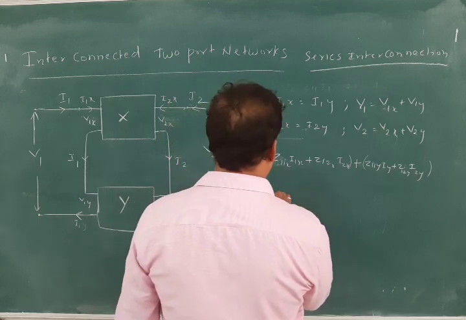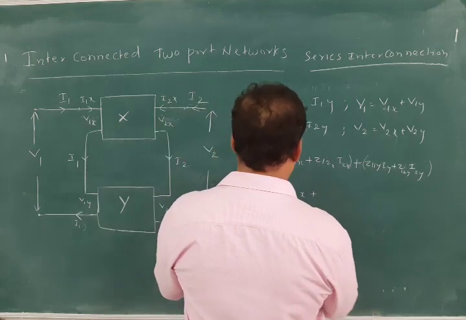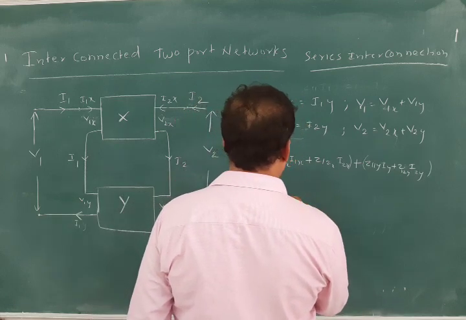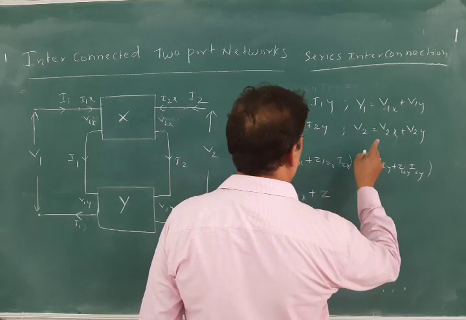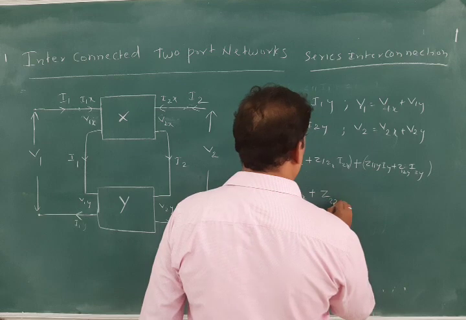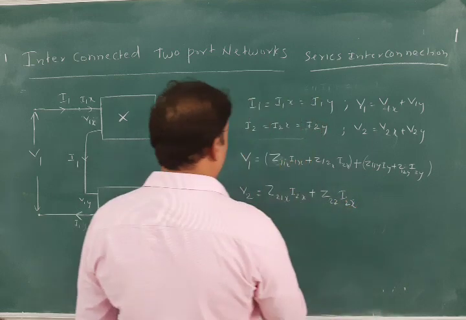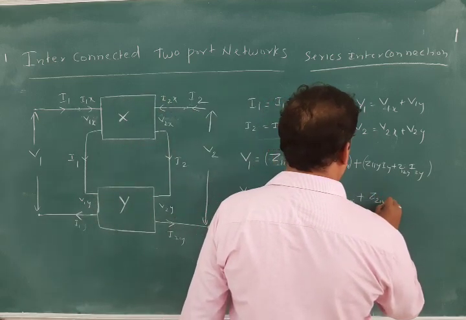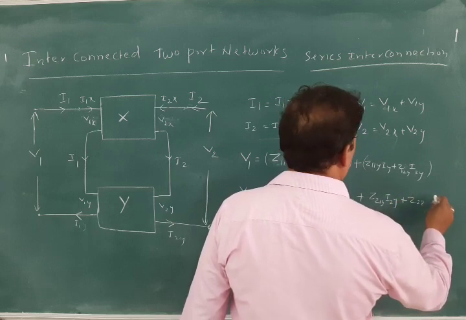V2 is equal to Z21x into I1x plus Z22x into I2x plus Z21y into I1y plus Z22y into I2y.